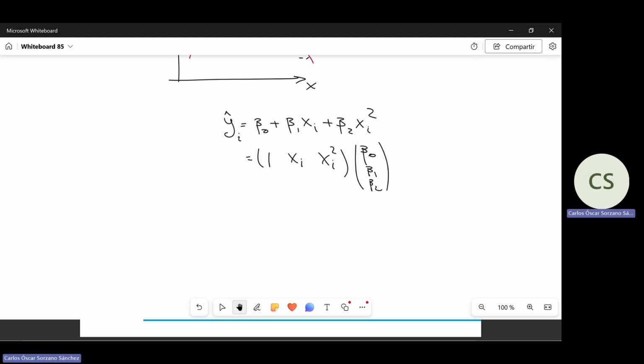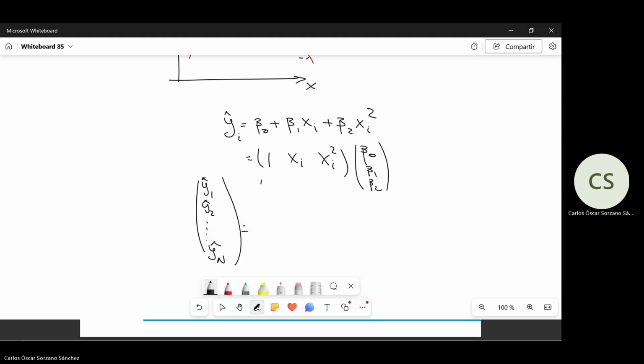If you collect all your measurements, you have rows 1, x_1, x_1 squared, 1, x_2, x_2 squared, and so on.